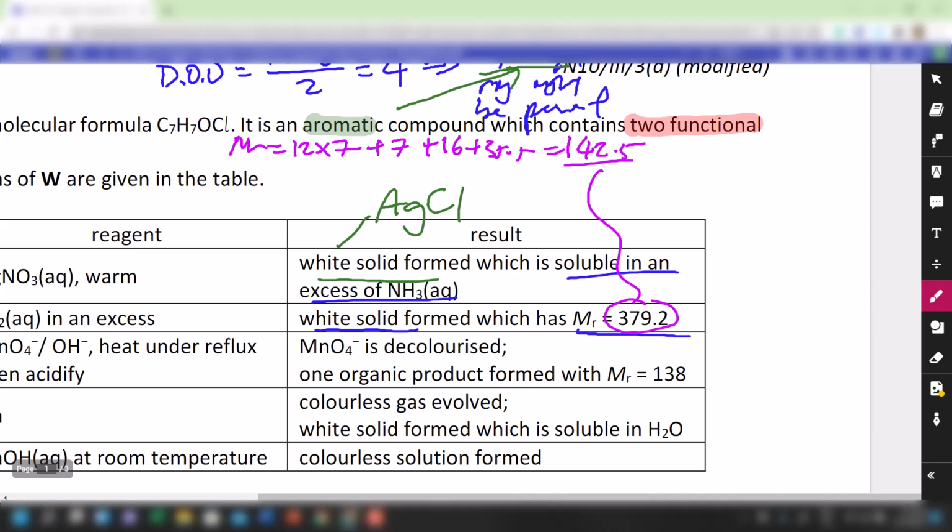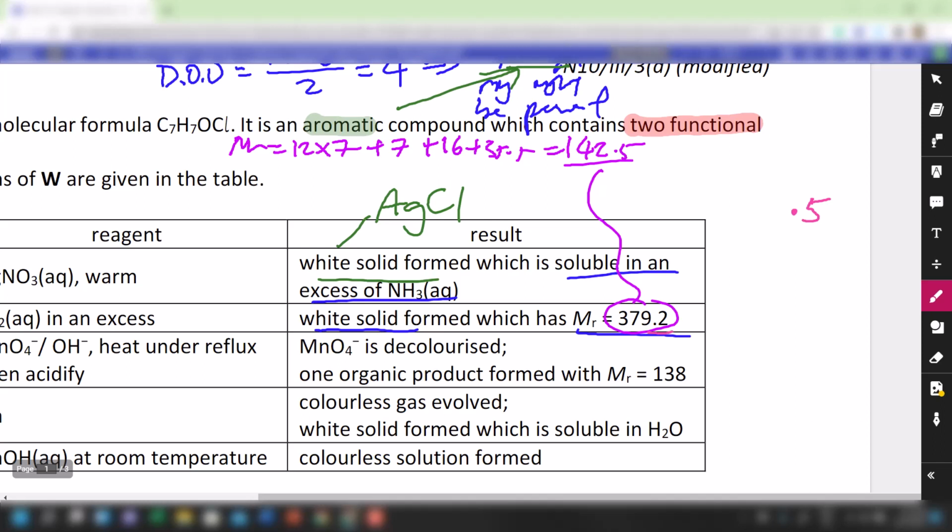Because you know that my unknown W contains 1 Cl, that means that the relative molecular mass must end with a decimal of 0.5. My final relative molecular mass ends with 0.2.